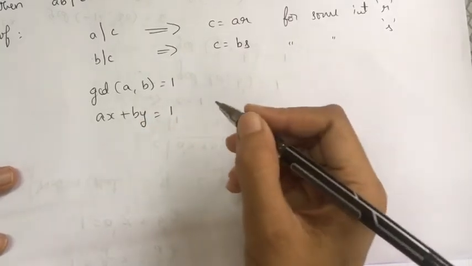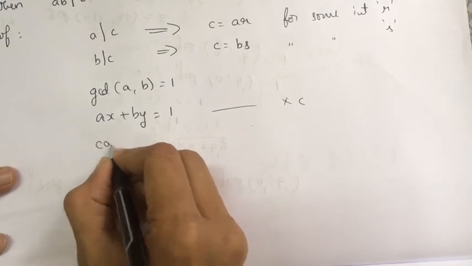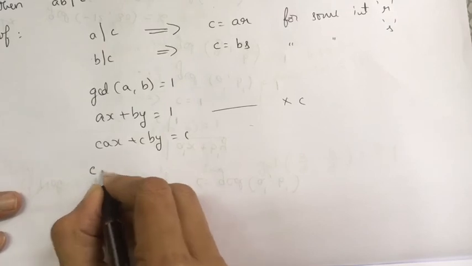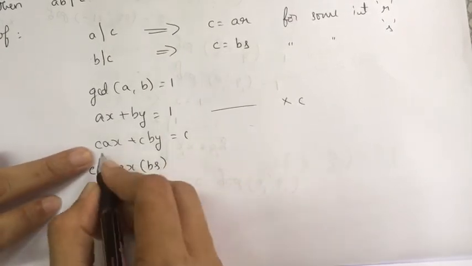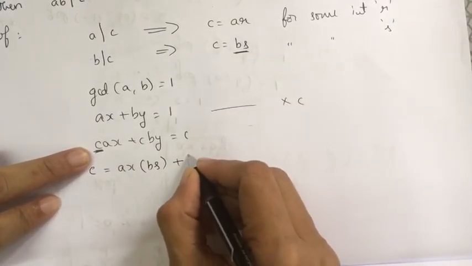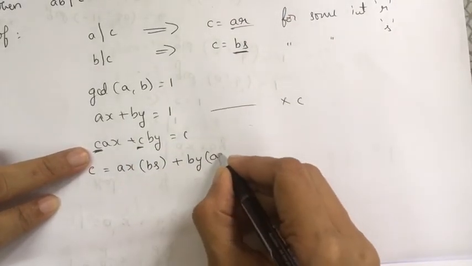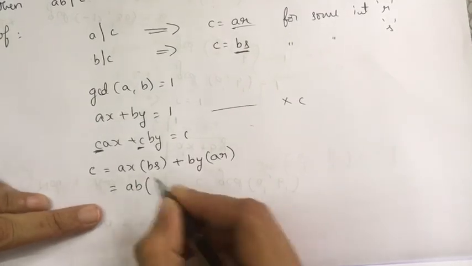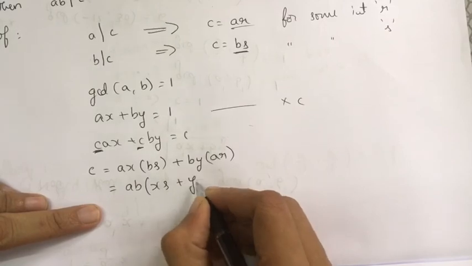equal to 1. Now I'll multiply this whole equation by C, so that it will be CAX plus CBY equal to C. This is the same as writing C into AX, where I replace C by BS, plus BY into C, where I replace C by AR. Now AB is common, so this is AB into XS plus YR.